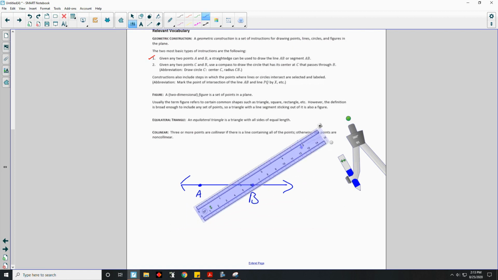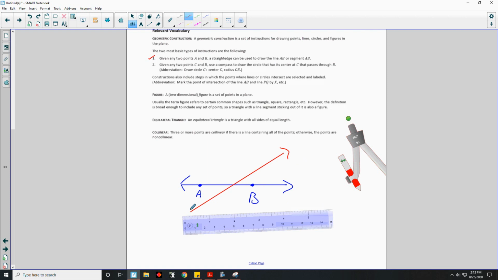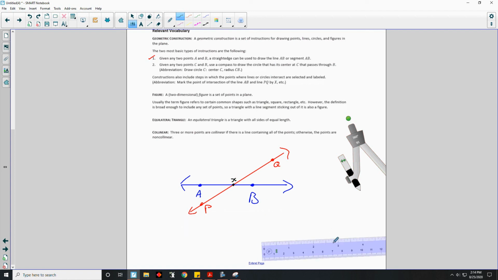So if they intersect, all I would have to do is have my ruler go through them, change colors, draw a segment or a line, put arrows on it, and that is line PQ. So I need a point here called P and a point here called Q. And it says, mark the point of intersection of the line AB and PQ by X. So I put a dot here and name it X. So there is a diagram, a construction of 2 lines, AB and PQ, that intersect at X.